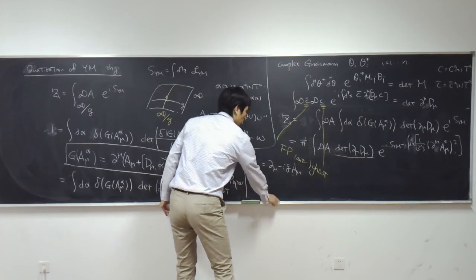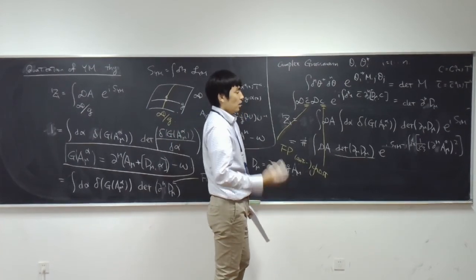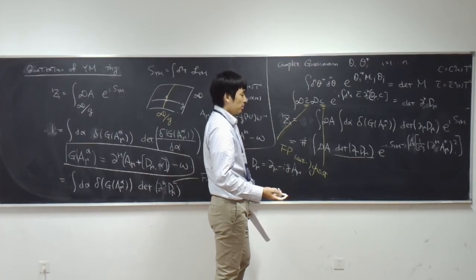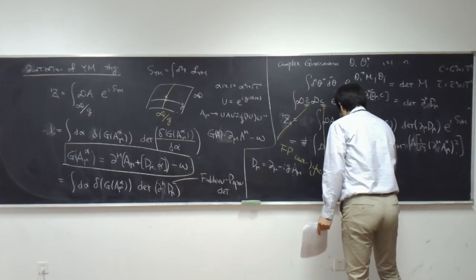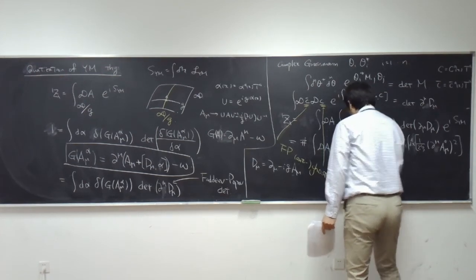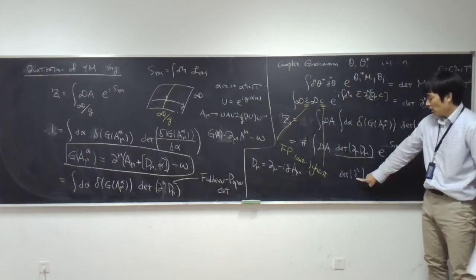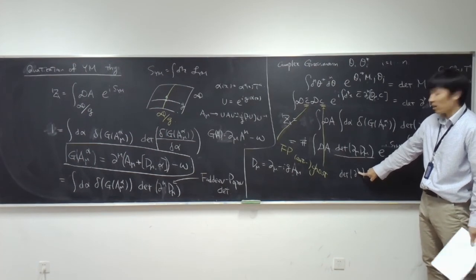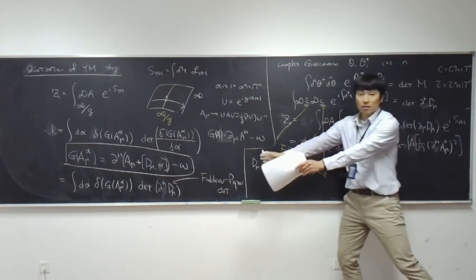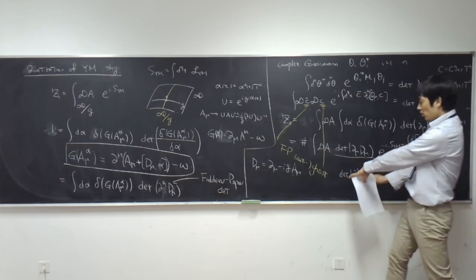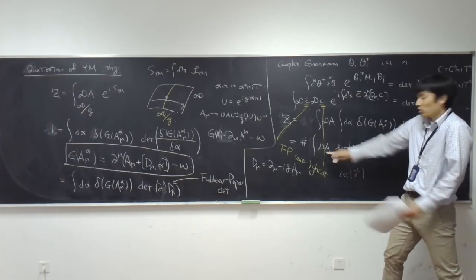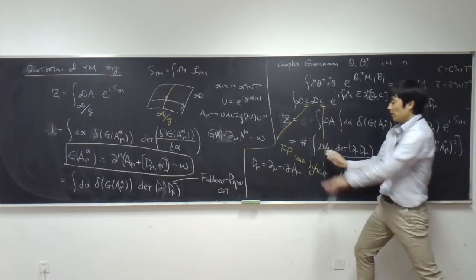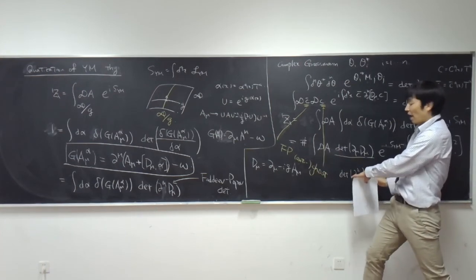So last time, in the Abelian case, this is just a determinant of partial square, which is independent of A, so you can just pull that out of the integral. It's just a number.